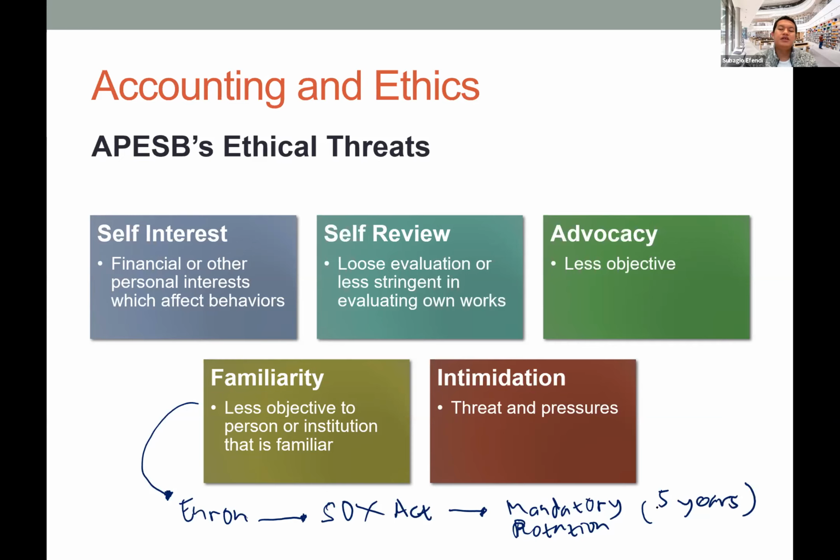So if an Australian company has already been audited by this accounting firm for 5 years, they need to find another accounting firm, or they need to rotate the partners, in order to maintain the objectivity and the quality of the audit process. So this is one way of mitigating the issue of familiarity, which is very, very serious in the accounting profession.